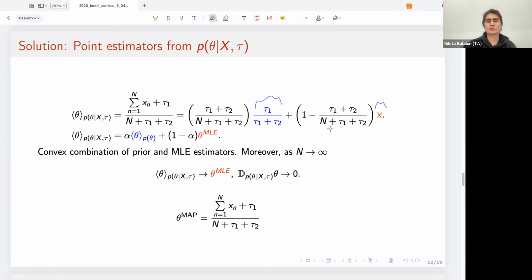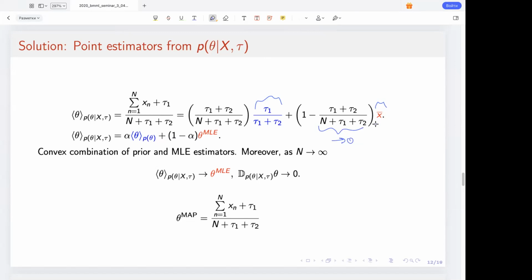Here we see it because these terms start to converge to 0, and this term starts to dominate. So here we see it, and it is how we understand it intuitively.